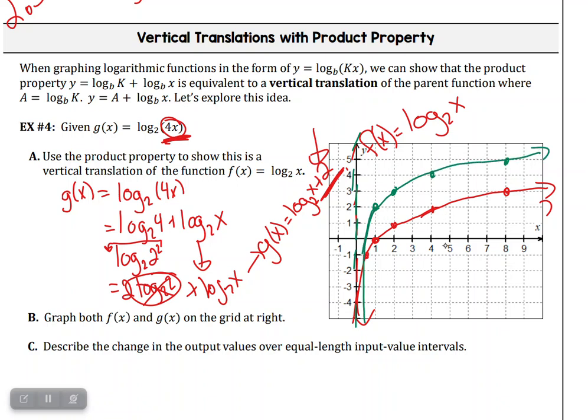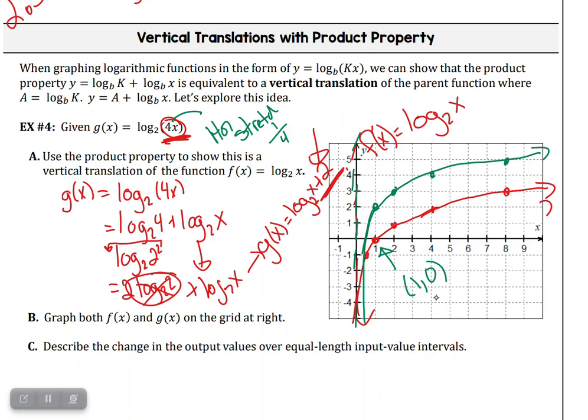Okay, goes up. The other thing we talked about was that this is a horizontal stretch. And it's actually by 1/4. So think of your x values right here.